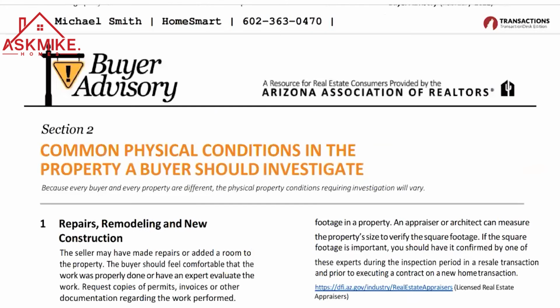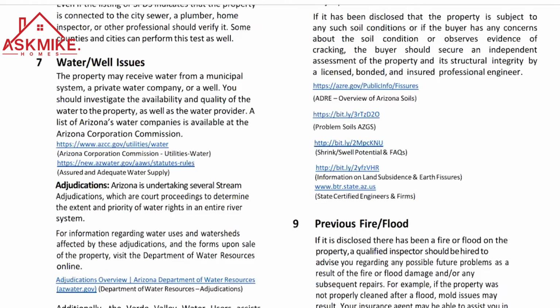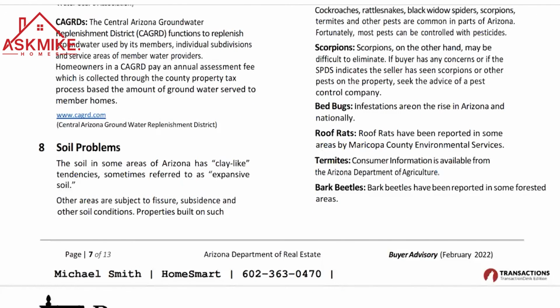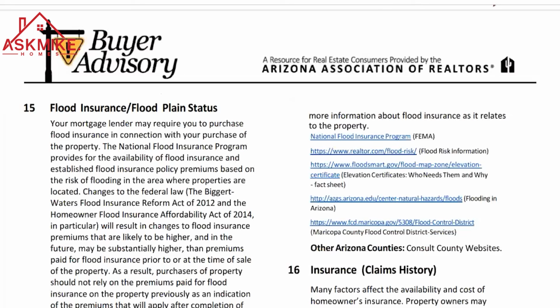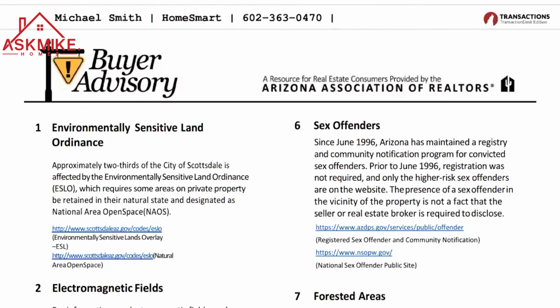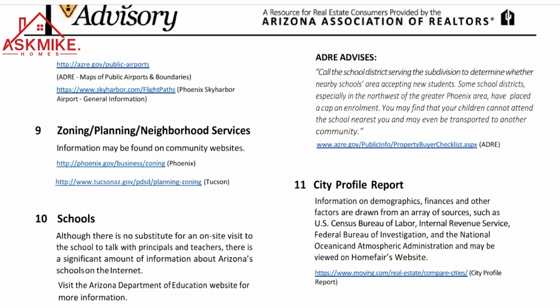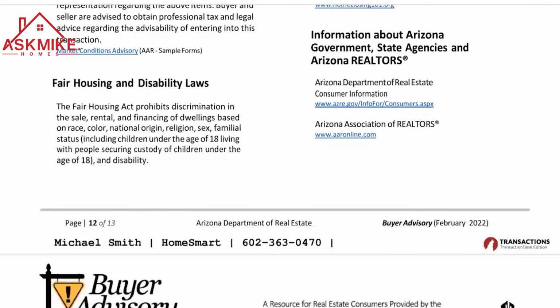There's a lot of information here on this buyer's advisory. And this is again given out to the people that are buying the home and signing off on it that they've received it because it's important to the transaction. It's important to know that you share this information. These are forms again that your real estate attorney can advise you on.